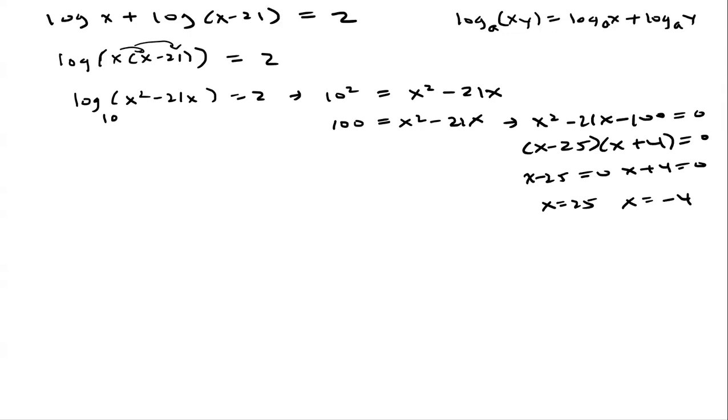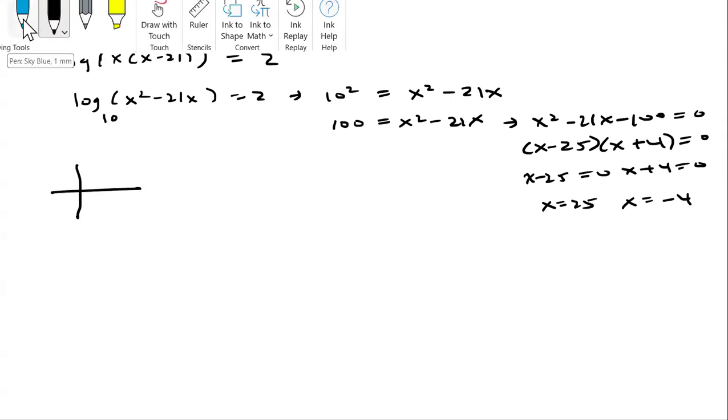Now we need to plug those in to verify if they do work or not. 25 works, right? Because we have log of 25 and 25 minus 21 is 4. However, if you plug in negative 4, we get log of negative 4. So remember how a graph of a log function works.